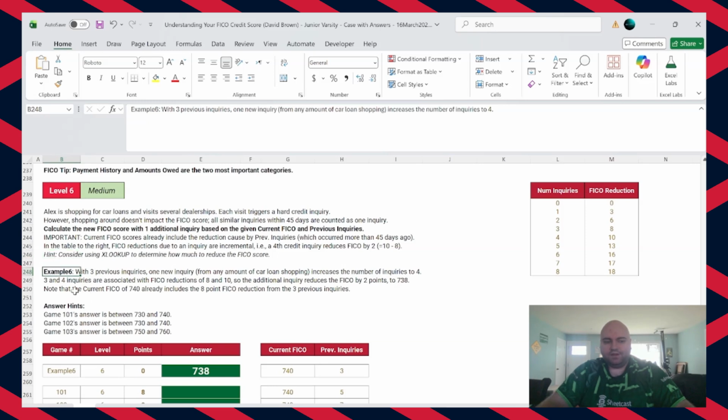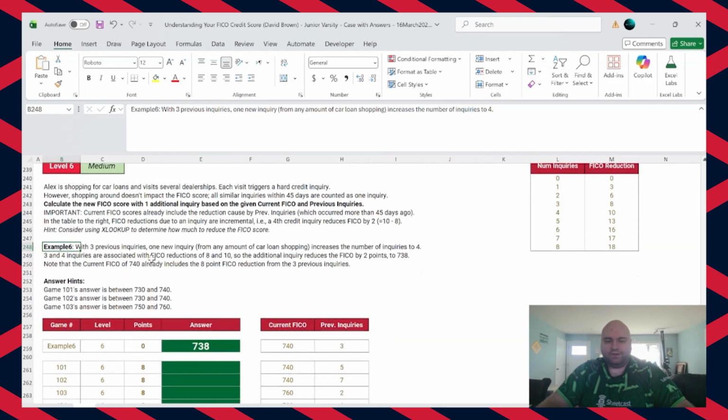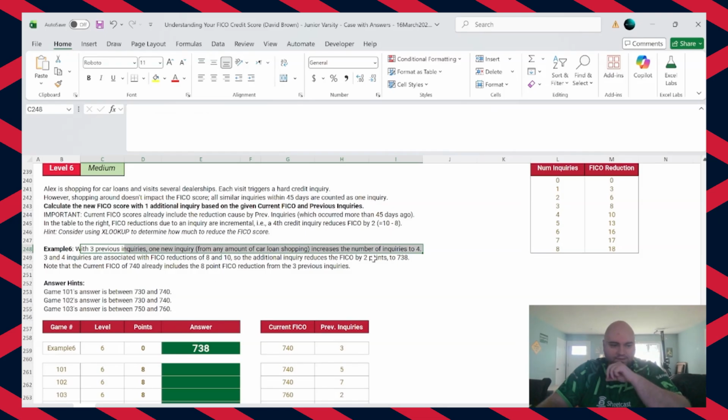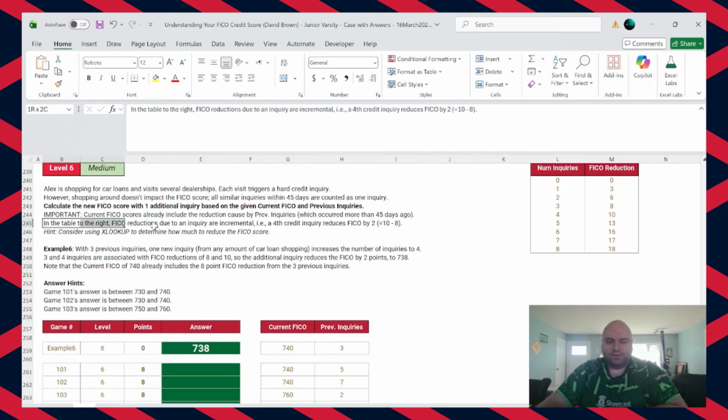Example 6. With 3 previous inquiries, 1 new inquiry from any amounts of car loan shopping increases the number of inquiries to 4. 3 and 4 inquiries, it already gave us this right here. That 1 new additional inquiry would reduce it by another 2 points. And again, it reiterates what it was discussing over here.